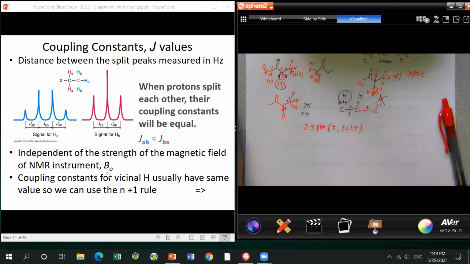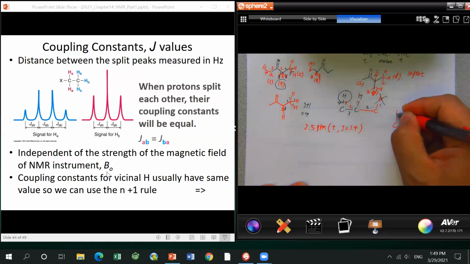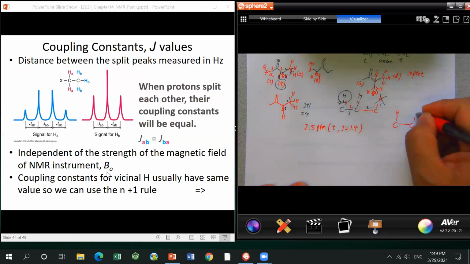So what does that mean? We look at these proton signals, and there are 3 neighboring hydrogens. The 3 neighboring hydrogens have the same J coupling, so J is the same, and you can apply the N+1 rule. So we should get a quartet for this signal.